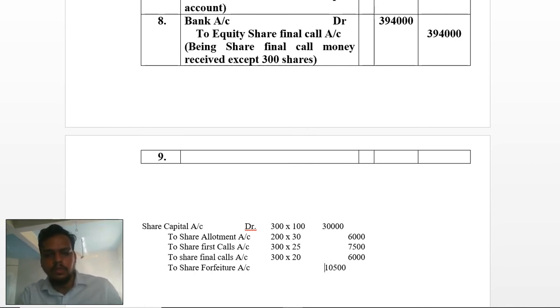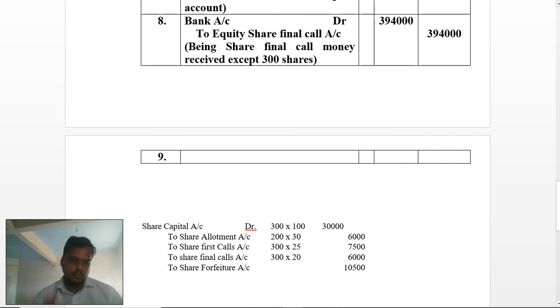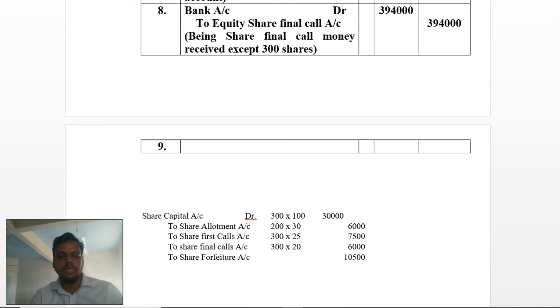Just be careful with the numbers because they have to be added very carefully. 6 plus 6, 12. 12 plus 10, 22. 23 plus 7, 30. The entry has to be passed in this way because the amount forfeited is 10,500. I'll show you what has been done here.